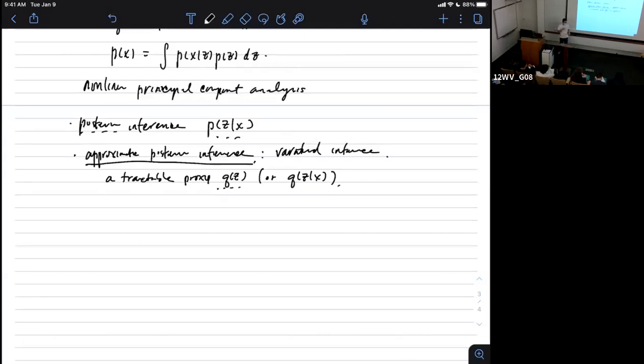What are those criteria? One is that our goal often is not to exhaustively figure out all possible likely Z that have given rise to this observation. We often want to know one or two possible Z values that have given rise to this observation. What that means is that we want this Q to fit one of the likely configurations under this distribution.